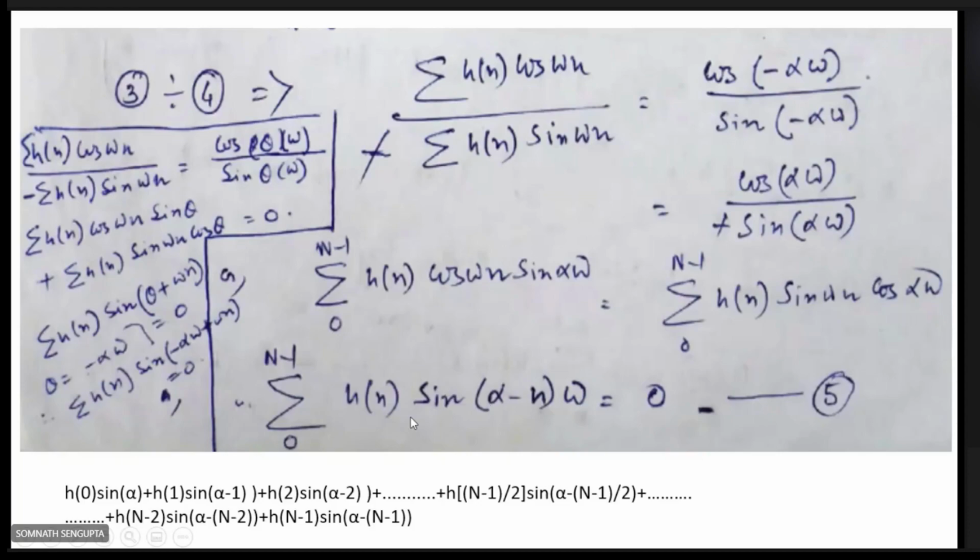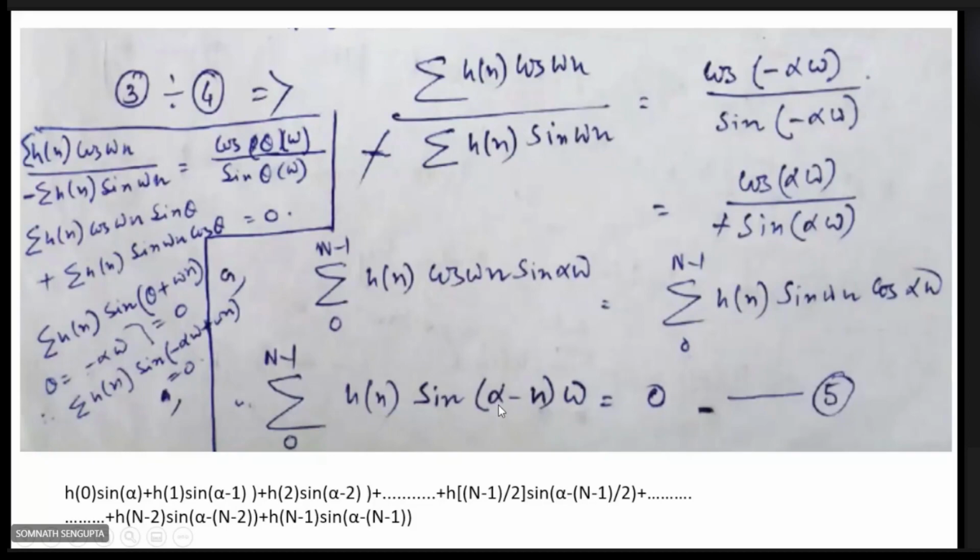Okay. It tells that summation n is equal to 0 to N minus 1 h[n] sine of (alpha minus n) into omega is equal to 0. So now if you vary this n from 0 to N minus 1, some important feature you can extract.